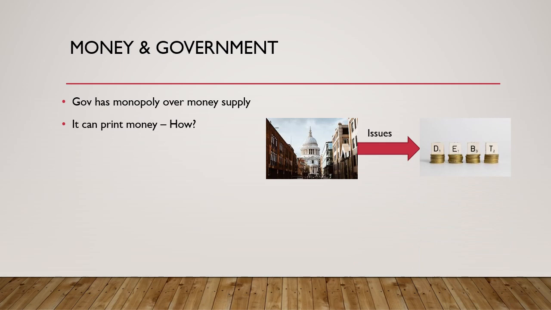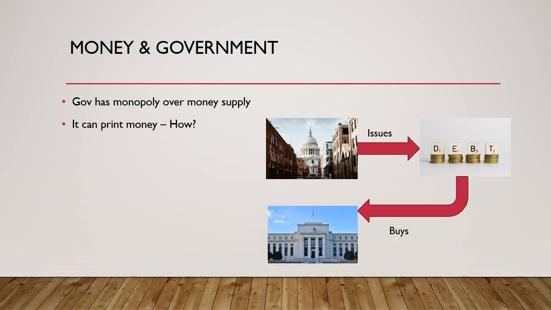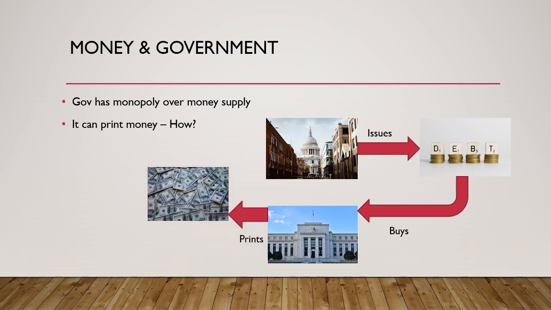This debt can in turn be bought by the central bank, or in case of the US, the Federal Reserve. And how will the Fed do that? It will print money, and using that money, it will buy that debt, and that freshly printed money would go into the federal government's account, and that's it. Money has been indirectly printed by the US government. This process in modern day is also called QE, or quantitative easing.